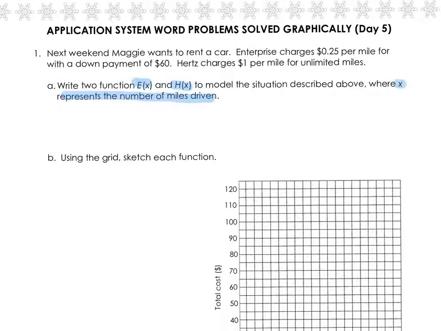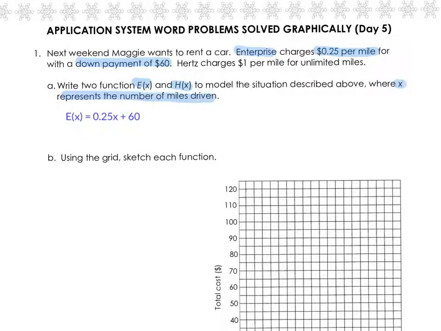So if we look back at the examples, let's start with Enterprise. The first one said that it was 25 cents per mile, and we also have a down payment of $60. So to write that equation, we're going to start with e of x, because they told us we had to use function notation, equals, and then we're going to charge 0.25 per mile, x, and the $60 fee.